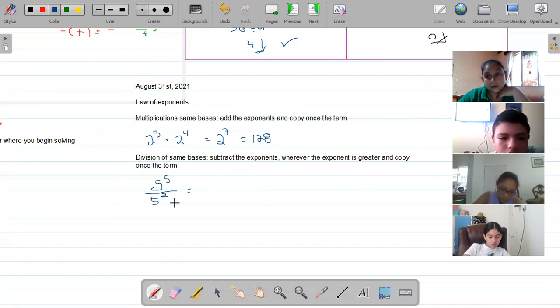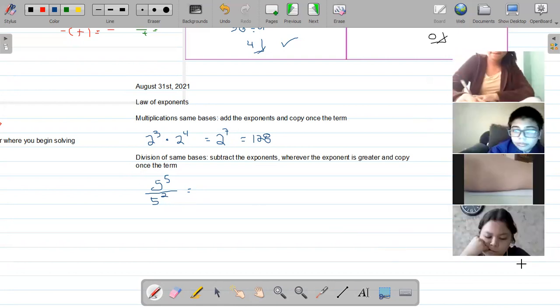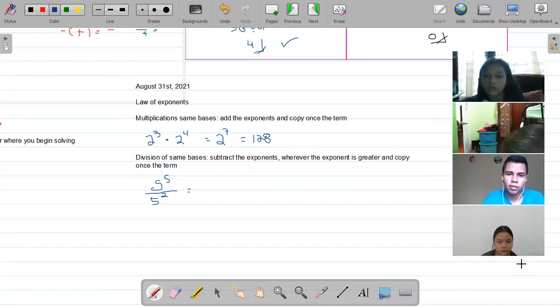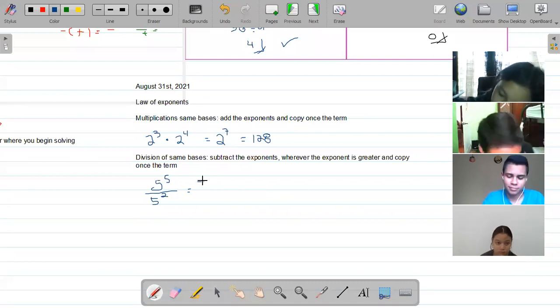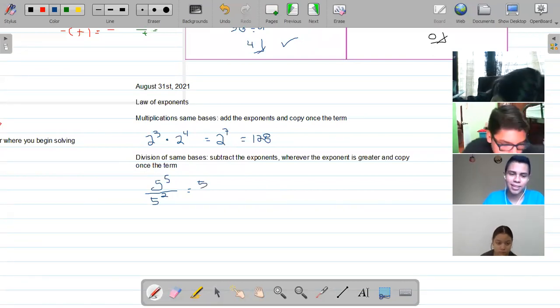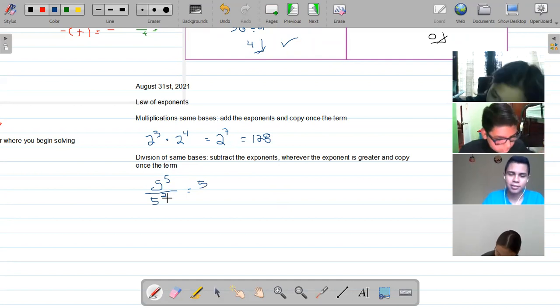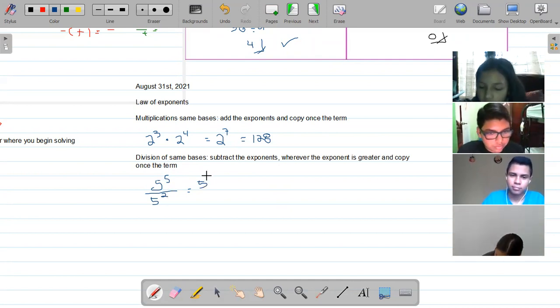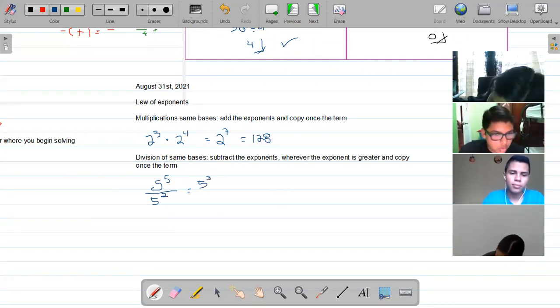Numerator or denominator? In the numerator. So I'm going to copy the term once in there, and I'm going to subtract 5 minus 2, that is 3. So 5 to the cube.